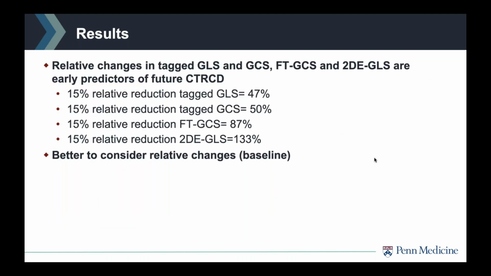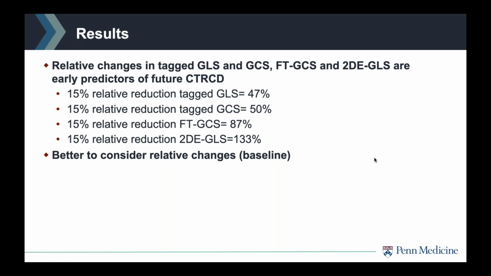So basically, what did we learn is that relative changes in tag GLS and GCS, feature tracking GCS, and two-dimensional echo GLS are early predictors of future CTR-CD. A 15% relative reduction in tag GLS increased the odds of future CTR-CD by 47%. A 15% relative reduction in tag GCS increased the odds by 50%.